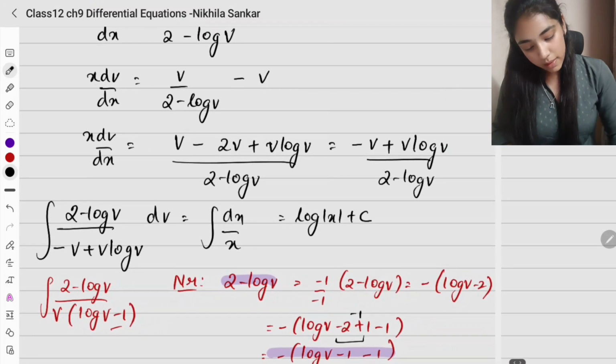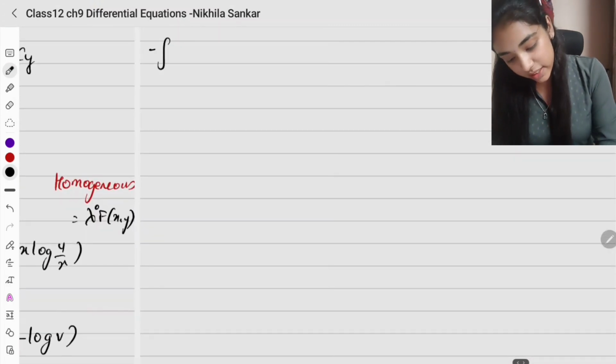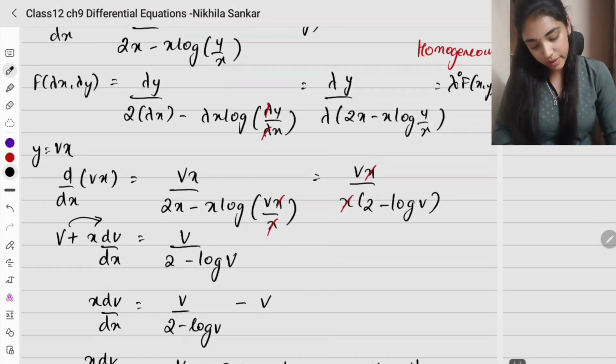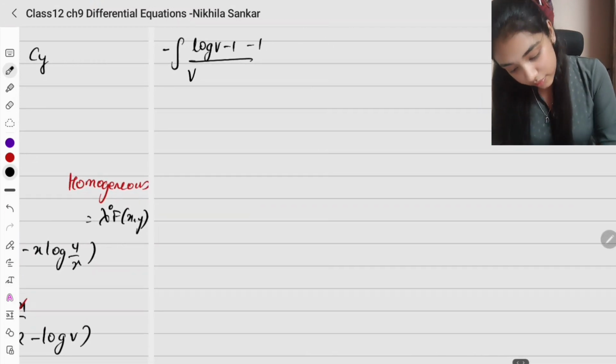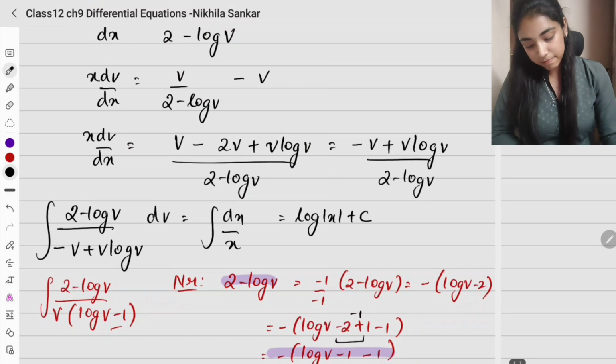Integral of minus, I take the minus outside. I'm going to have log v minus 1, the whole divided by, what is the denominator? v times log v minus 1. Correct?